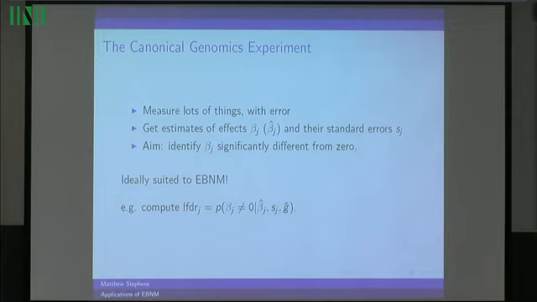Or they may take two human tissues, like a heart and a liver, or multiple hearts, multiple livers, and ask which genes are showing the biggest differences in activity between heart and liver. So then beta is a quantification of the difference in the activity between heart and liver, and they've got an estimate of that and a standard error. So we were looking for the betas that are significantly different from zero.